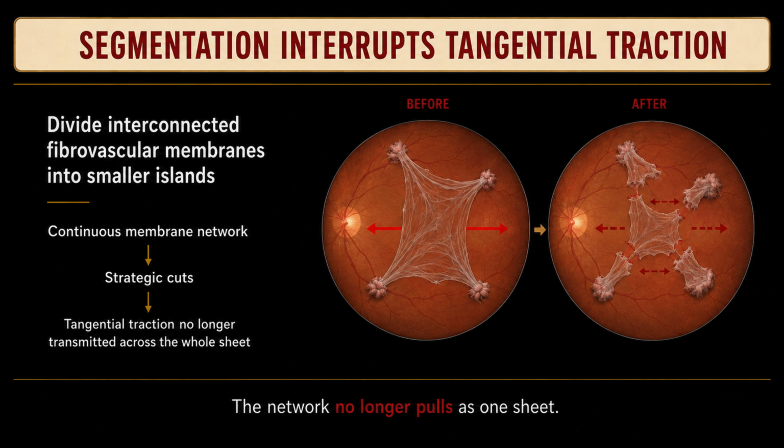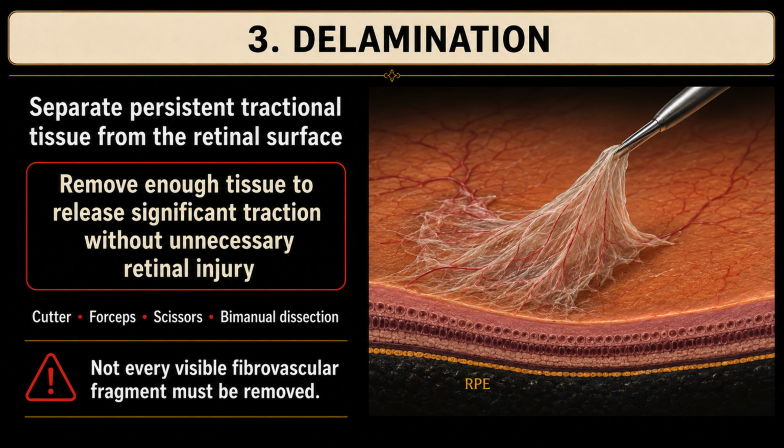Segmentation means cutting the membrane bridges between these areas and dividing the fibrovascular tissue into smaller islands. This interrupts the transmission of tangential traction across the retinal surface. The membrane may still remain attached at individual points, but the different areas are no longer pulling against one another through one continuous sheet. After segmentation, what we have is delamination.